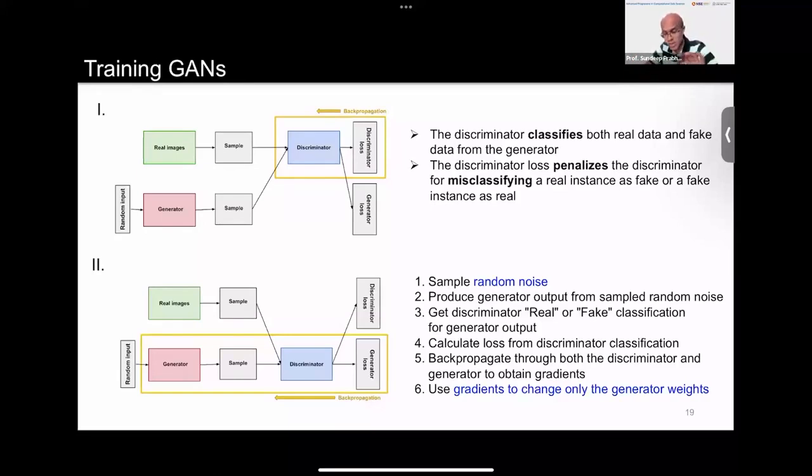In the first step, you train the discriminator by holding the weights of the generator fixed. So when I say generator and discriminator, again, keep in mind that these boxes are nothing but MLPs or CNNs, which means that each of them has some weights and biases associated with it.